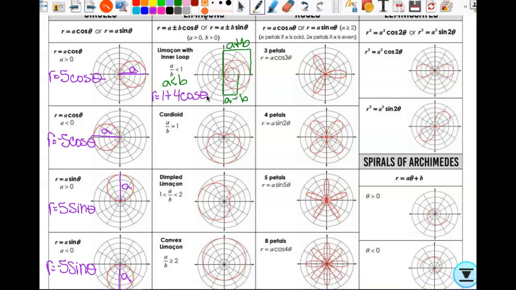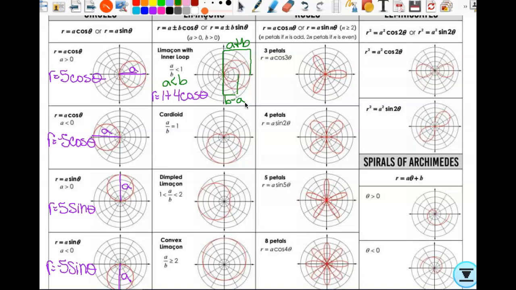The little loop, that's b minus a, not a minus b. If it was a minus b, that would be negative. Let me fix that real quick. This should be b minus a because b is bigger, and it's not going to be negative. So r equals 1 plus 4 cosine theta.